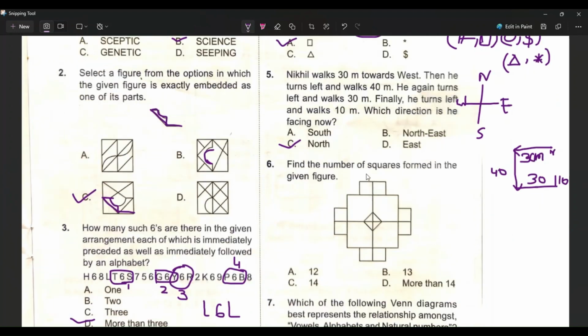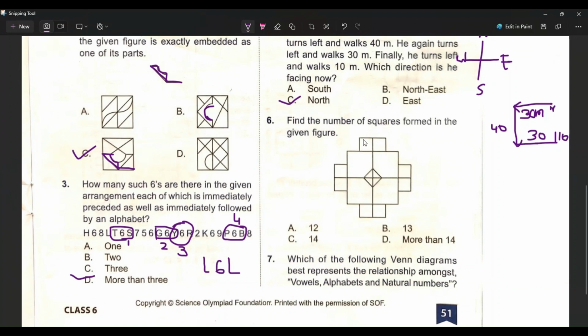Sixth question, find the number of squares formed in the given figure. So let me write number of squares 1, 2, 3, 4, 5, 6, 7, 8.